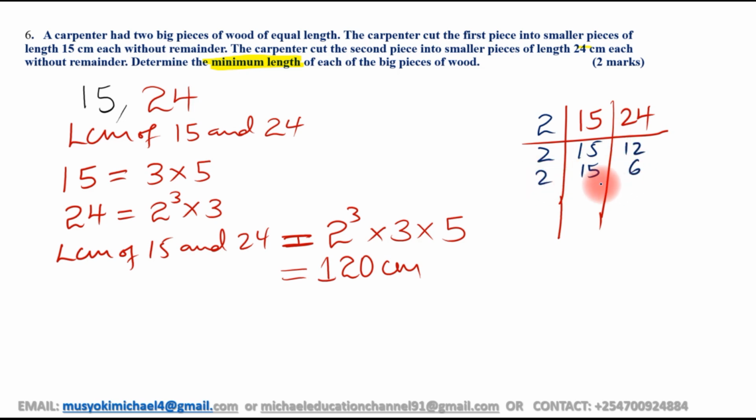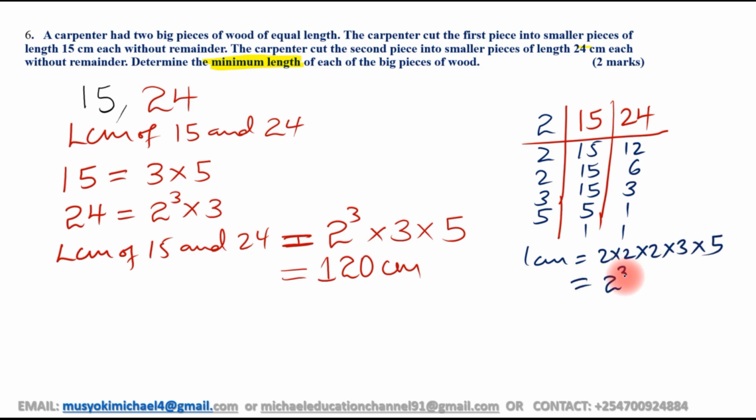Again by 2, we retain 15 and get 3. Now we have exhausted 2. Now we go to the next prime factor, which is 3. Dividing by 3, it goes 5 and 1. We have exhausted 3. The next prime factor is 5. Divided by 5, we have 1 and 1. So LCM is 2 times 2 times 2 times 3 times 5, which is 2 raised to power 3 times 3 times 5.